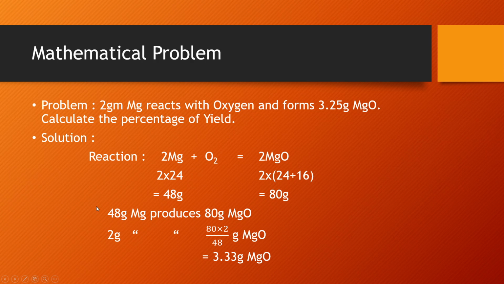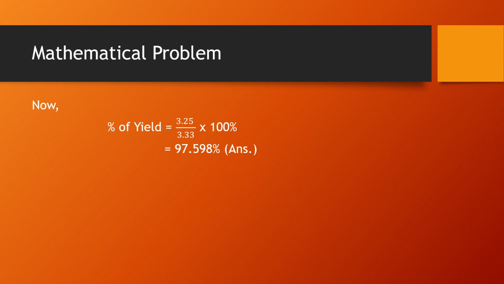By the stoichiometric method we obtained that the calculated amount is 3.33 gram, but we have obtained 3.25 grams. So now we can easily calculate the percentage of yield, that is, 3.25 divided by the calculated amount. So the yield will be 97.598%.